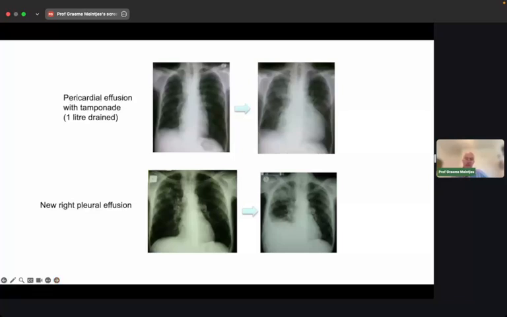And then after starting ART a few weeks later, was found to be in pericardial tamponade, massive enlargement of the heart, needed to be sent to our cardiologist for emergency pericardial drain. And 1 liter was drained, and that was a 1 liter effusion that accumulated due to TB IRIS. So another life-threatening form of TB IRIS.